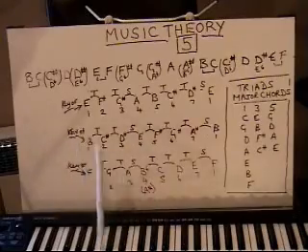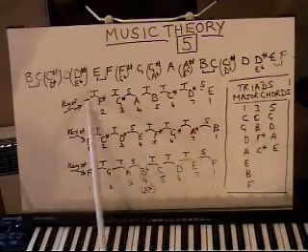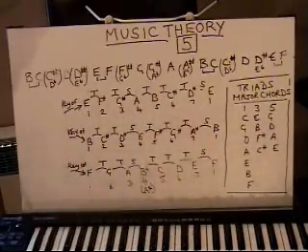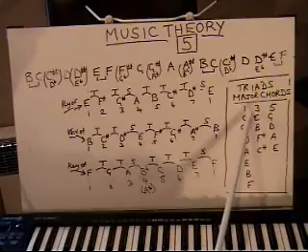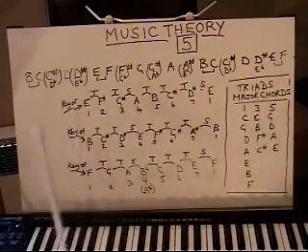So now we're going to just work out the triads for E, B, and F, which is no big deal really, is it? Because if you remember, the formula for a triad is the first note, the third note, and the fifth note of its major scale.